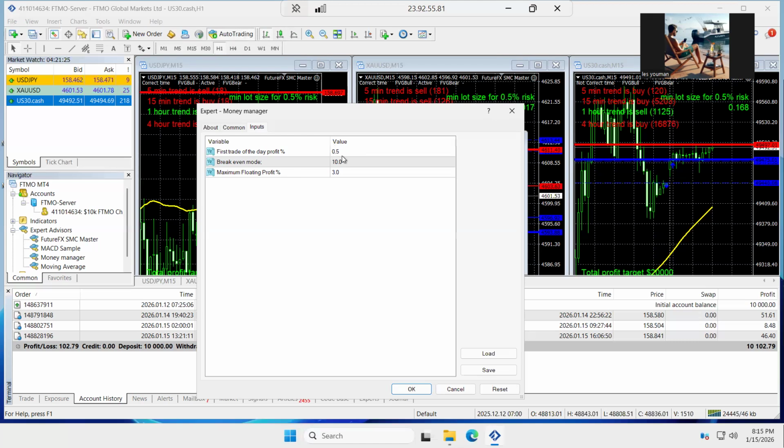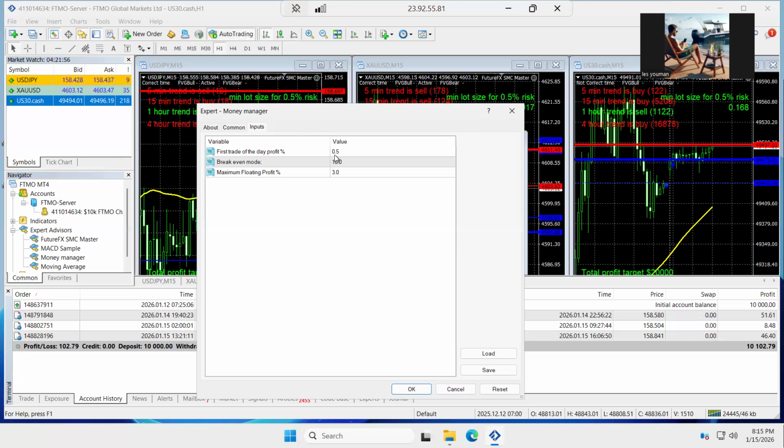So the idea behind that is that you lock in 0.5% of profit straight up. We're using 0.5% risk per trade on all of the three pairs we've got the SMC Master on. You don't have to use 0.5% just because you've got 0.5% there, but that's what I'm working on. So the idea is you grab that 0.5% as soon as it's there, close the trade, lock it in, you've made that profit.